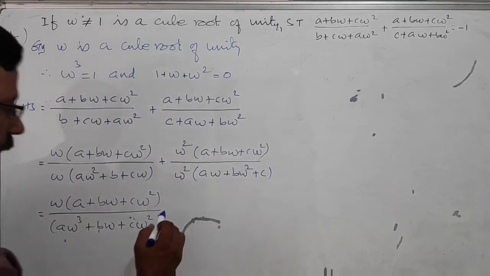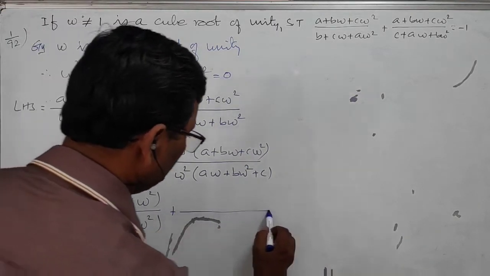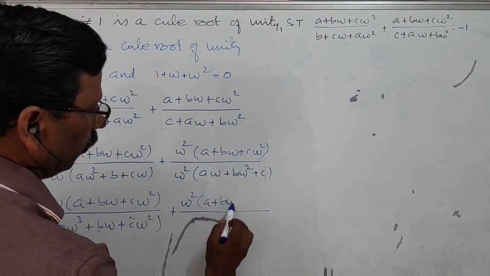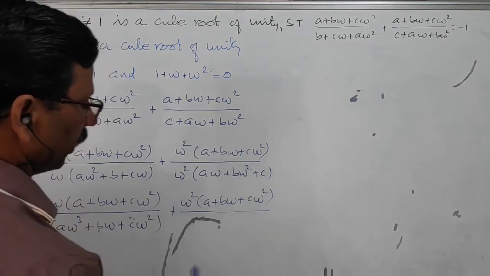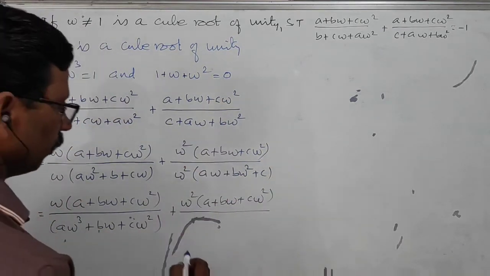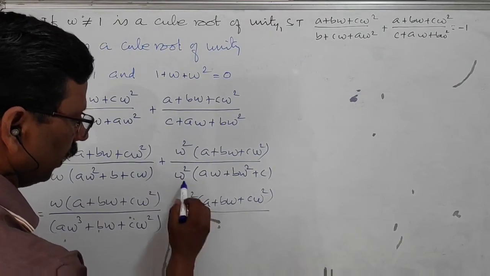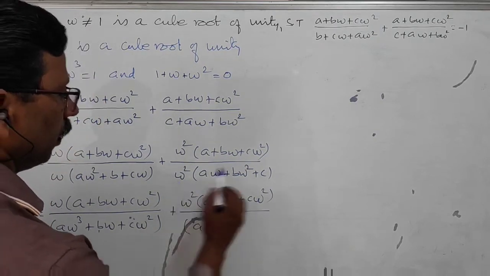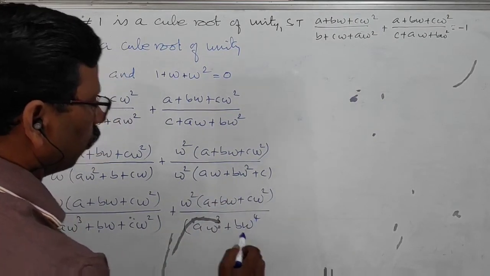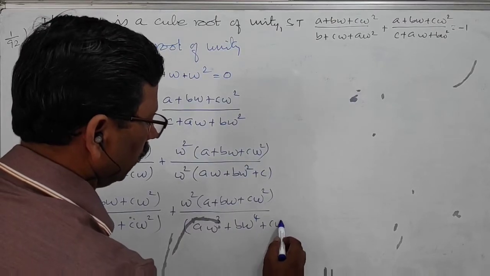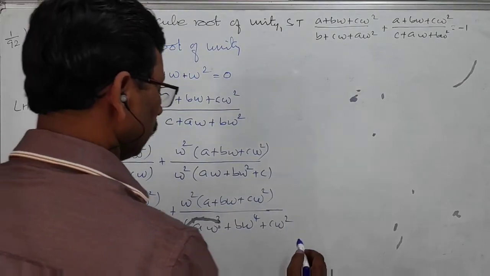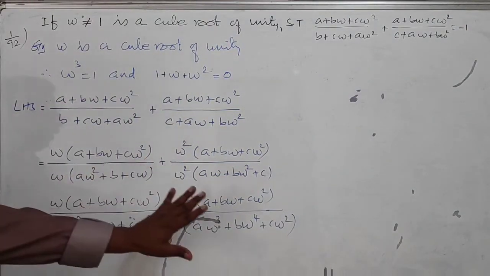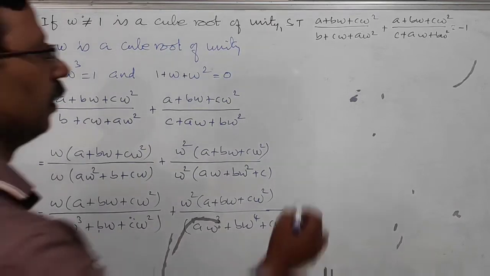Then again plus here also, you keep the numerator as such, that is omega square into (a plus b omega plus c omega square) by, you multiply this omega square inside, then you get a into omega cube plus b into omega power 4 plus c omega square. After writing these things, you don't disturb the numerator, just simplify the denominator.